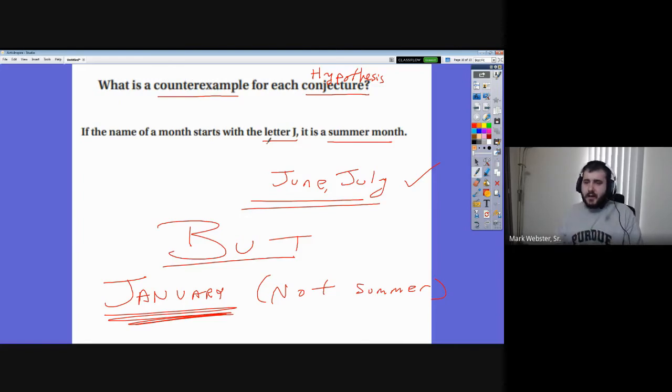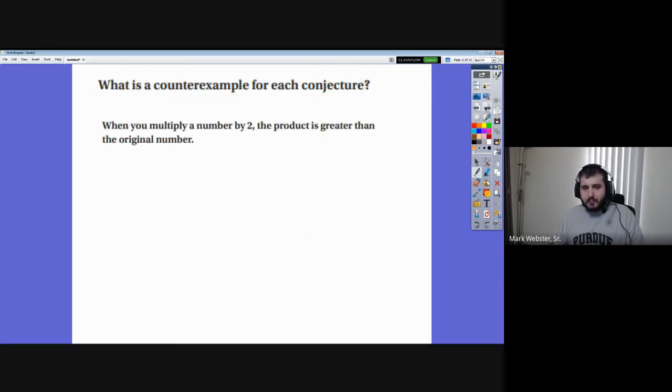Y'all have talked about always, sometimes, never type stuff. We don't want sometimes. We either want always or never, because those are the things that can help us. Those are the things that can be interesting. Sometimes don't work. So look, here's another one. When you multiply a number by 2, then the product is greater than the original number.